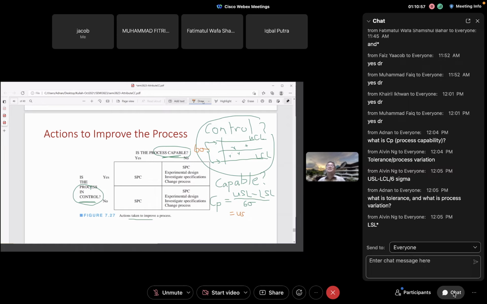Another way to say it in a simple way, we are comparing tolerance, which is determined by the designer, and 6 sigma, which is determined by the process. Tolerance versus 6 sigma, which is this upper control limit, lower control limit. This is 6 sigma, which is what we call the process variation.